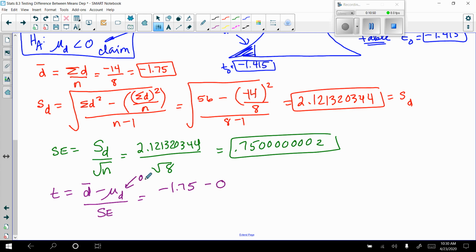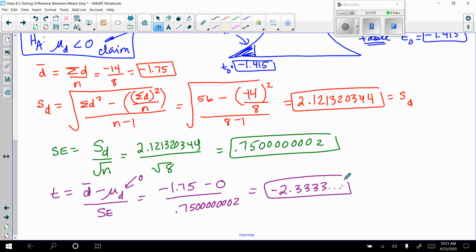We always expect this to be 0, divided by the standard error that we just got, which gives us a value of negative 2.3333 repeating. That is our t-value, which is in the rejection region. That means that we reject the null hypothesis.